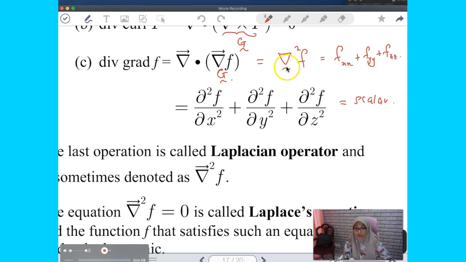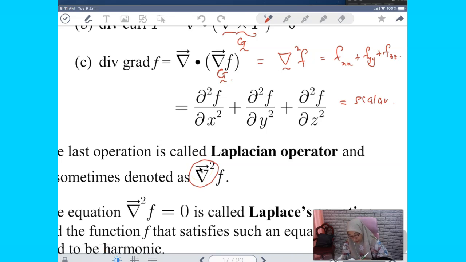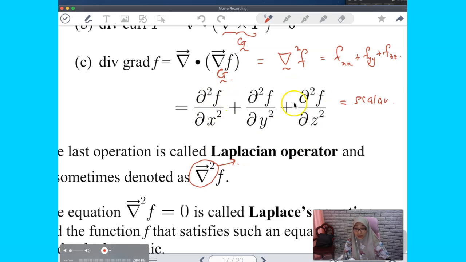Okay, so grad square f. Grad square is called the Laplacian operator because it leads to the Laplace equation.